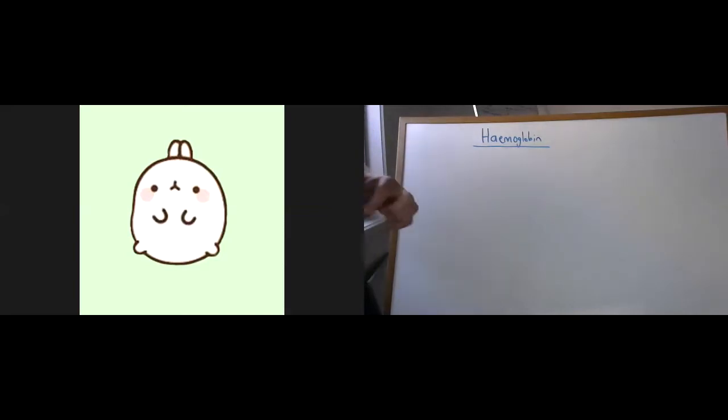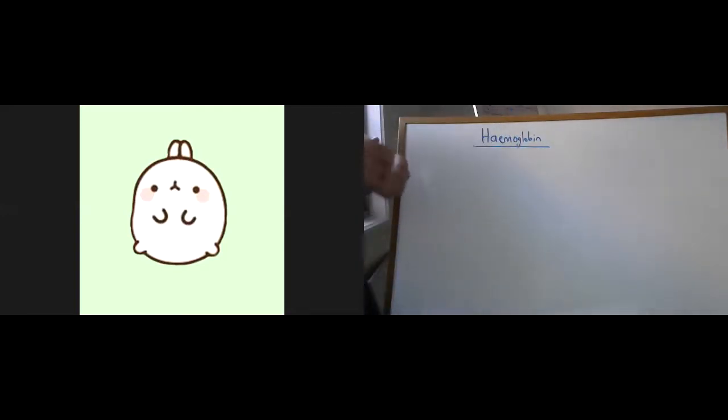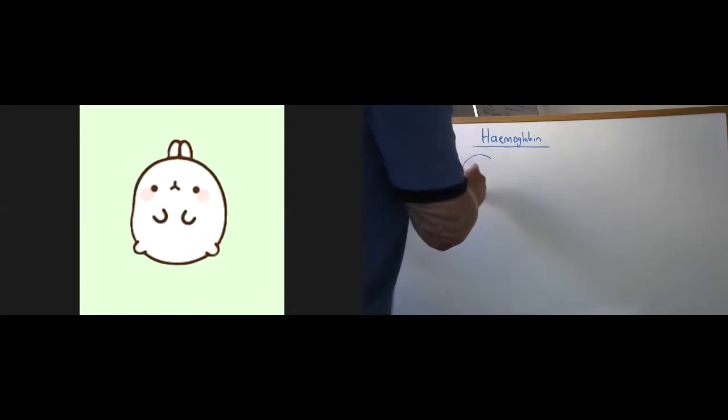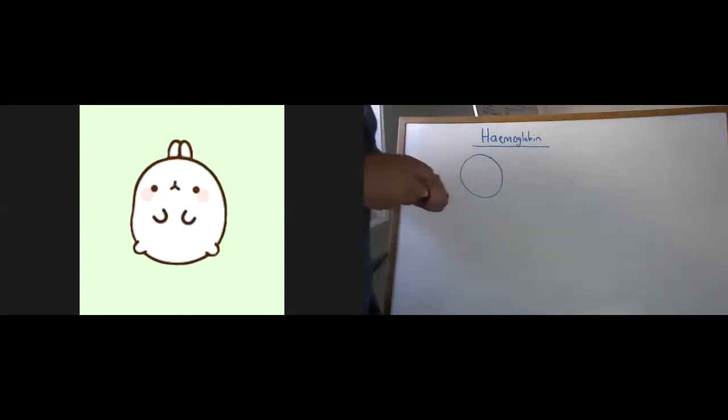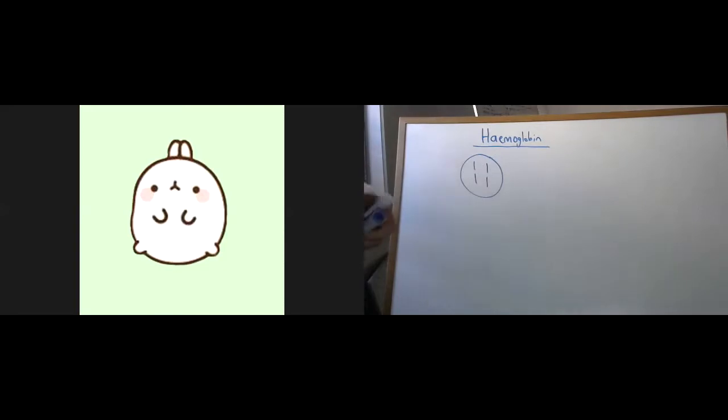So hemoglobin is how your blood is red. It's what makes your blood red, but it's also what carries the oxygen around the body. So in the red blood cells, they are a donut shape, and they have 4 little bits in here where the oxygen that's carried around our system is bound to those.